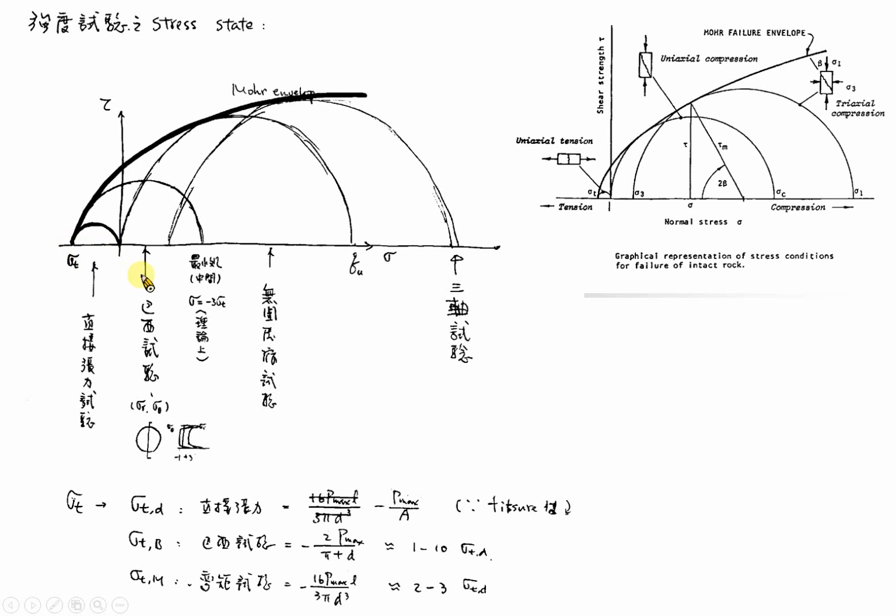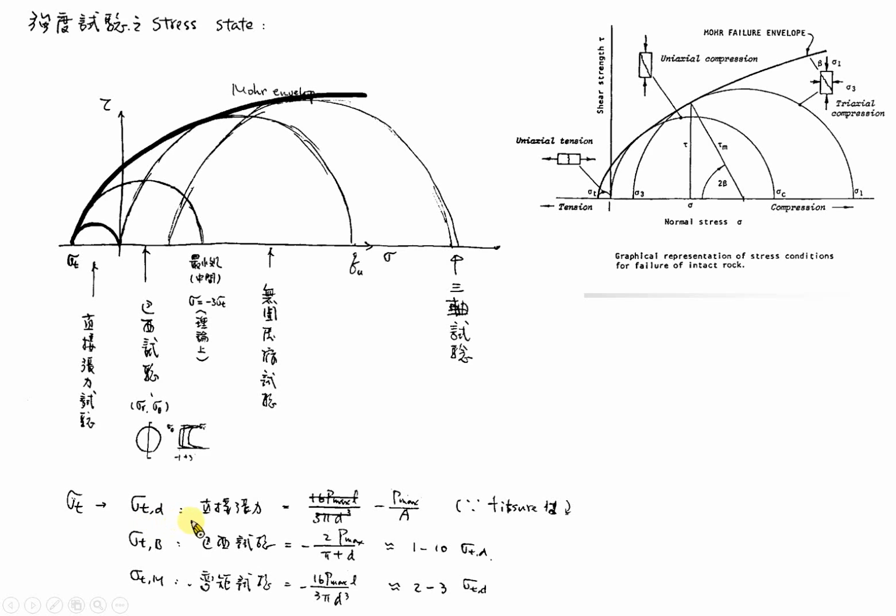Okay? So you can use the direct tension, uniaxial tension test to derive sigma t. You can use the Brazilian test to get sigma t, and you can use the 4-point method to get sigma t. Okay? So usually with different testing methods, you will roughly get different results.